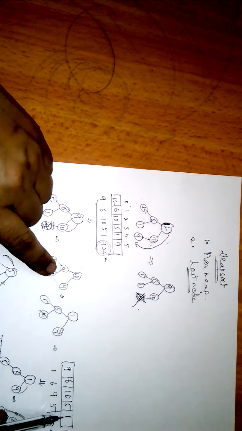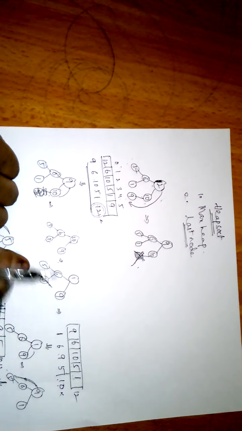You swap 10 and 1. 10 here and 1 here. Now you check the positions: 1 is in the A of 0 position, 9 is in the second position, and 10 is in the n minus 2 position. Now you remove this 10.